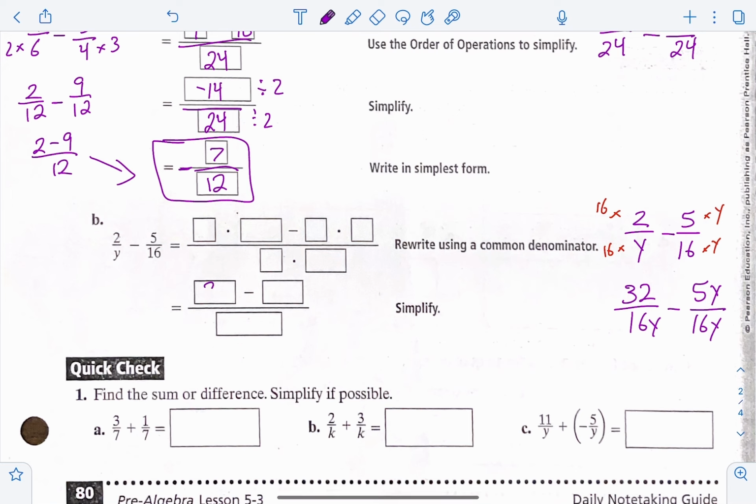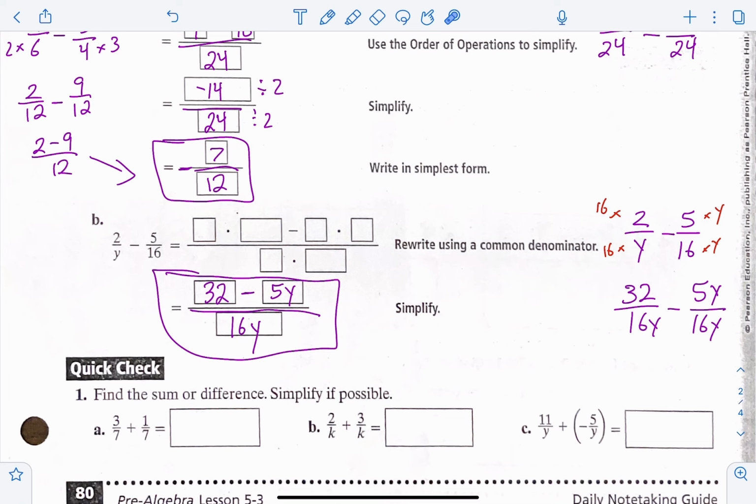So you can rewrite that as 32 minus 5y, all of that over 16y. And you can't do anything more because remember you can only combine like terms. So 32 and 5y cannot be combined, and they all go over 16y.